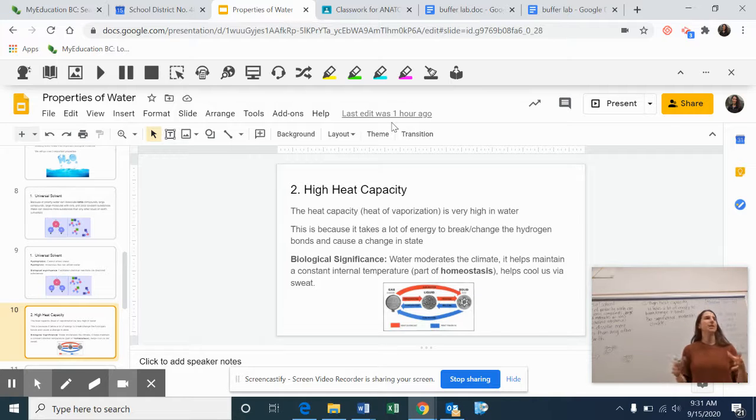So it helps us maintain a temperature that we want to be at inside of us. So it helps maintain an internal temperature. And the other cool thing that it does is it helps us cool off with sweat.